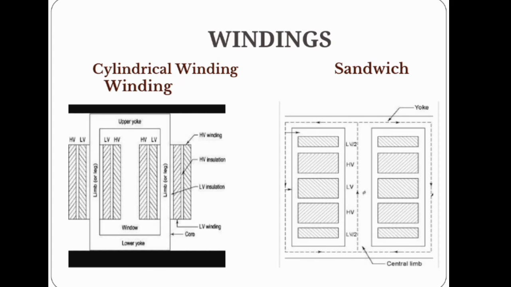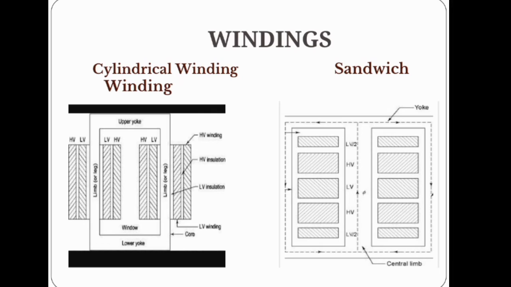Stranding is nothing but dividing the conductor into a number of parts. Using stranded conductors is also very useful to reduce the skin effect. So what is skin effect? It is also a very important topic, and it will come up while learning about the transmission system.